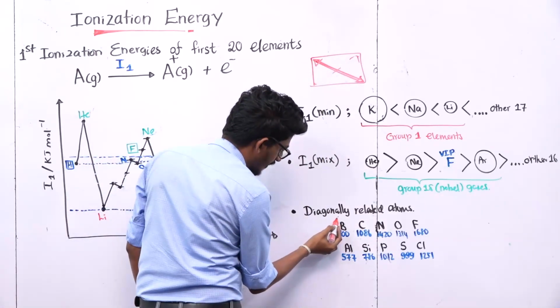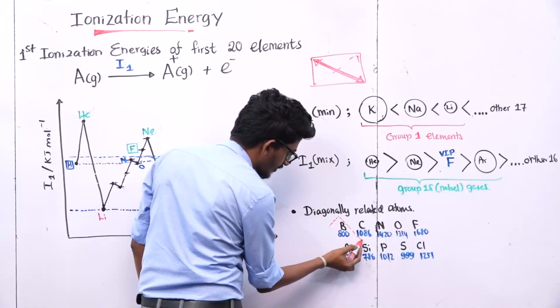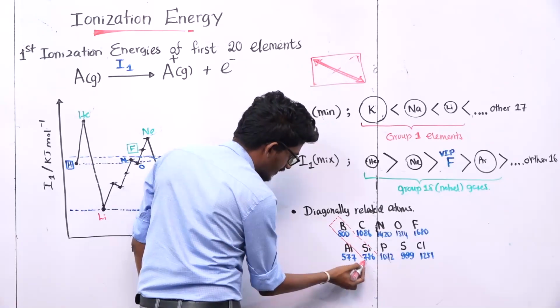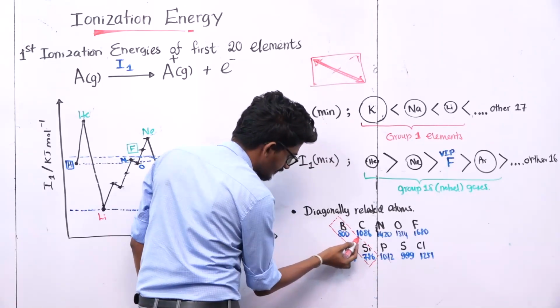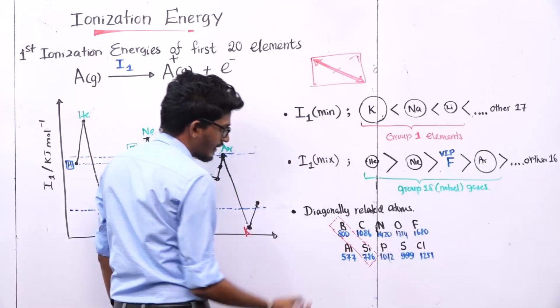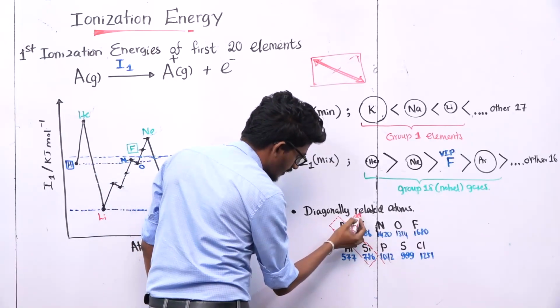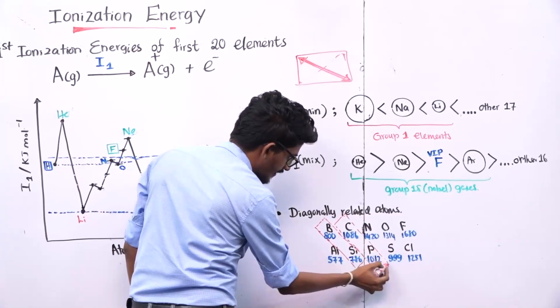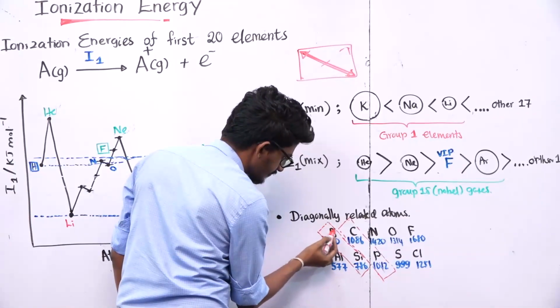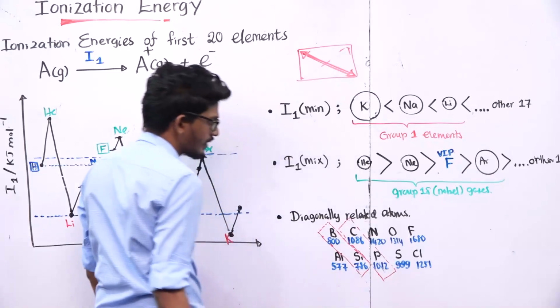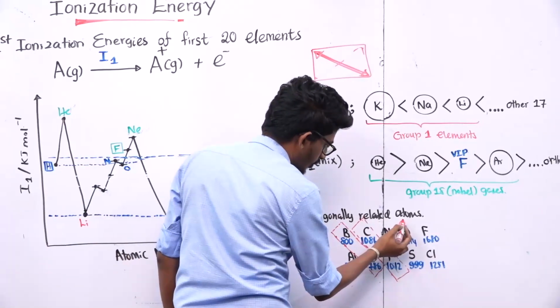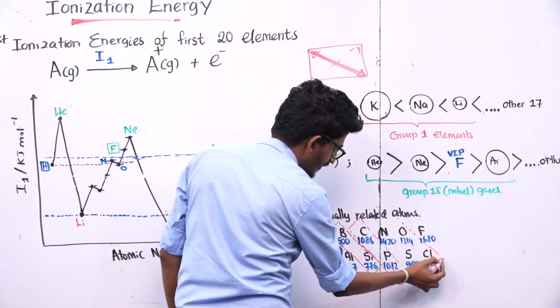So these are considered as diagonal related atoms. Boron and silicon are considered as diagonal related atoms. Carbon and phosphorus are considered as diagonal related atoms. Oxygen and chlorine are considered as diagonal related atoms.